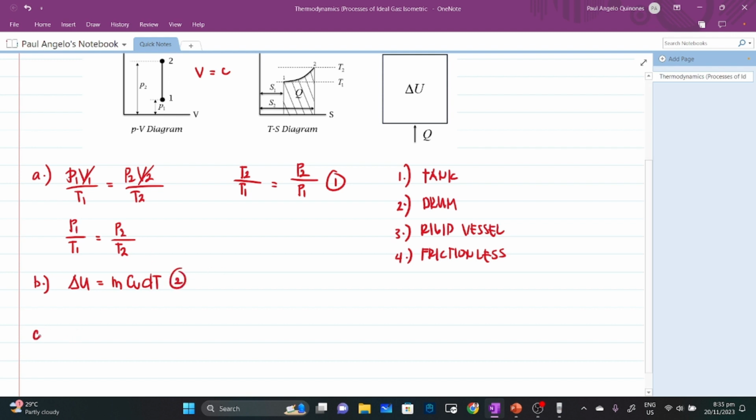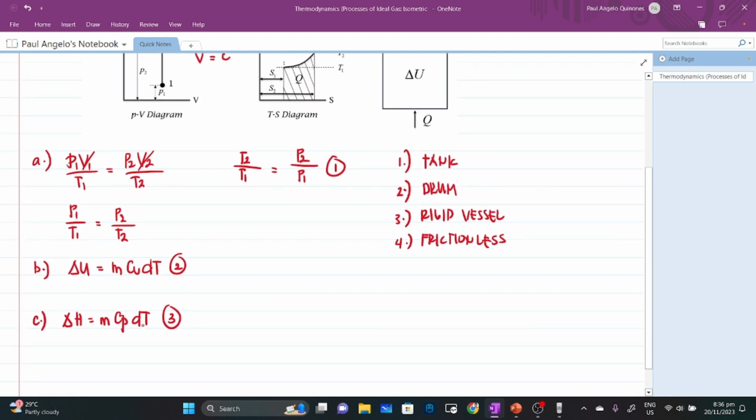Next, the change in enthalpy. Just like the change in internal energy, the change in enthalpy is also absolute, so its equation doesn't change either. It is given by m Cp dT. Cv and Cp correspond to your specific heats: Cv corresponds to your specific heat during constant volume, whereas Cp corresponds to your specific heat during constant pressure.